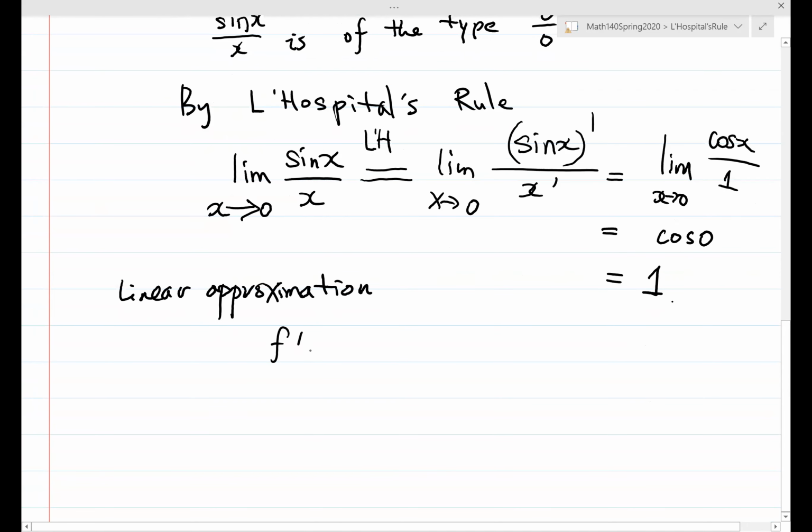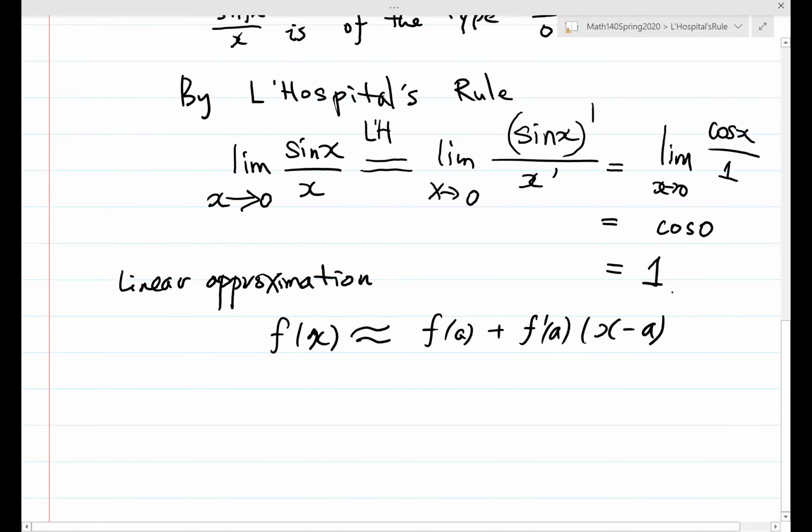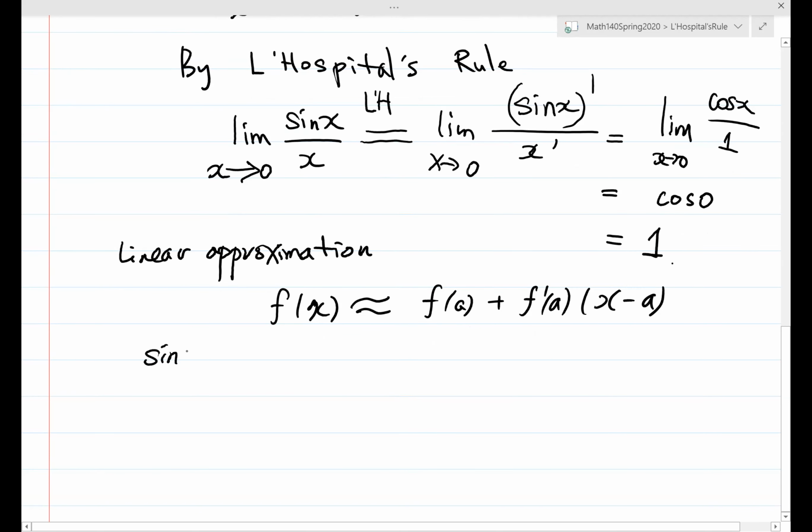So f(x) is near f(a) plus f derivative at a times (x minus a). Now, if you do linear approximation to sine x near a equals 0, f(x) is sine x.